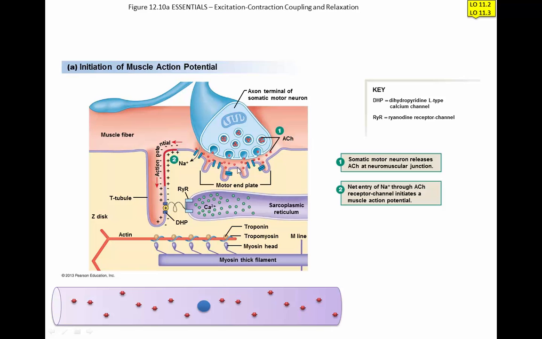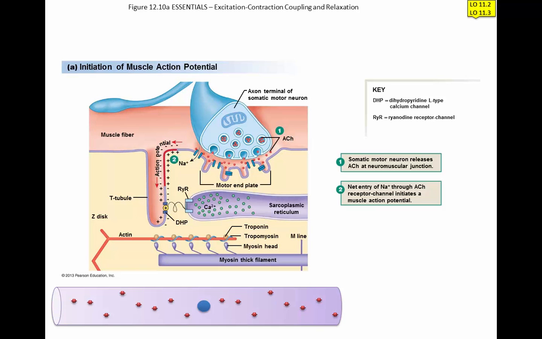The postsynaptic side of this synapse is called the motor end plate. And the opening of this nicotinic receptor causes an end plate potential. Not an action potential, but an end plate potential. The nicotinic acetylcholine receptor is nonspecific. It does not only conduct sodium, does not only conduct potassium or calcium, but it can conduct all of them.